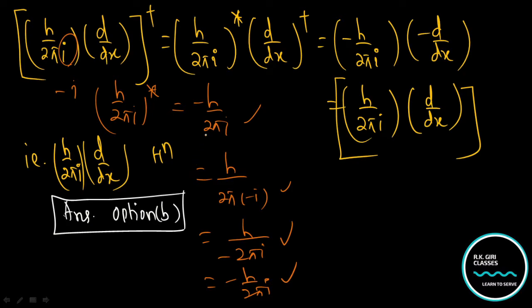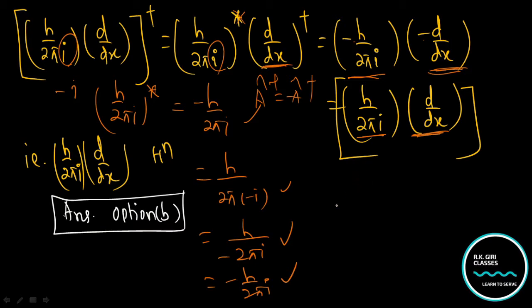Just apply your common sense. And you know that d/dx is an anti-Hermitian operator, that means A cap dagger is equal to minus A cap. So what will be the result? This is minus h by 2 pi i, and this is minus d/dx. The minus times minus is plus, that means h by 2 pi i d/dx.